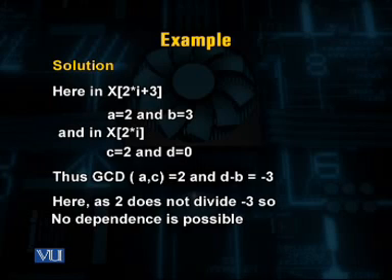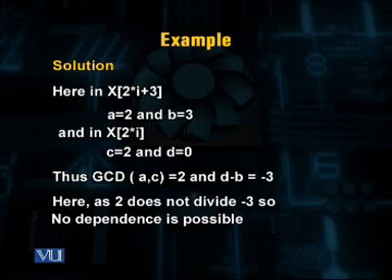So from this we can find out the greatest common divisor, which is a function of a and c. And in this example, the value of the greatest common divisor comes out to be equal to 2, which is in fact the greatest common divisor for a equal to 2 and c equal to 2.